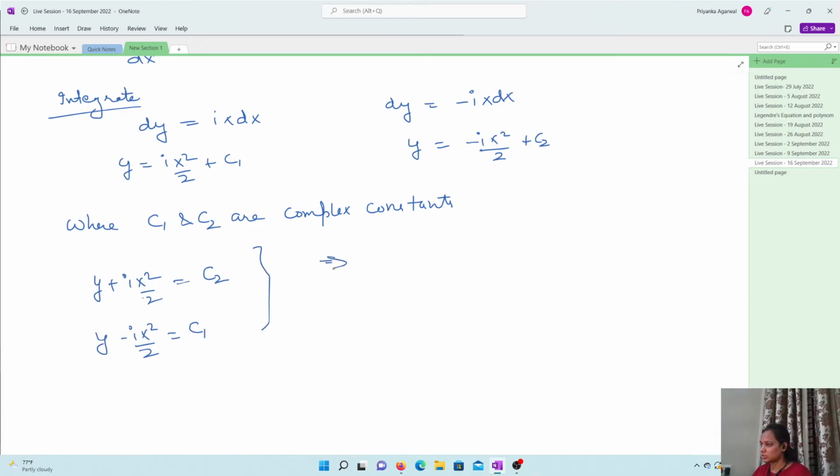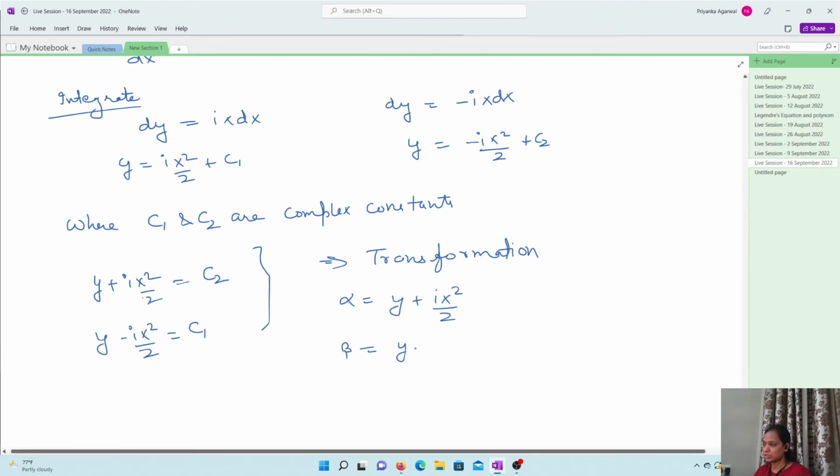Now let's do the transformation. So for transformation, let's choose alpha as y plus iota x square by 2 and beta as y minus iota x square by 2.